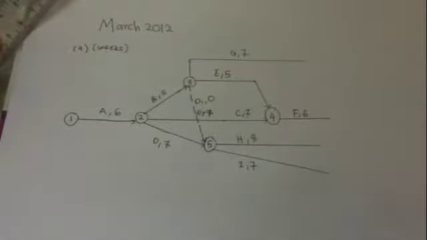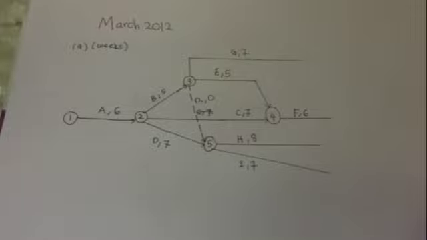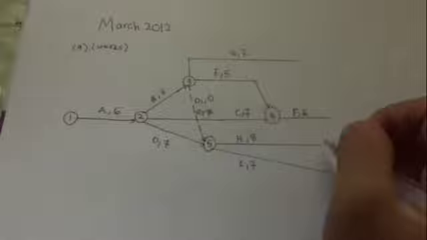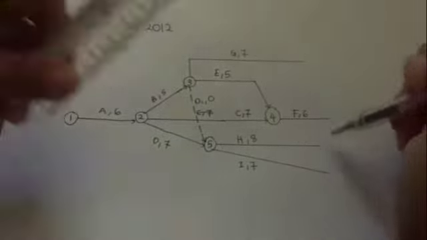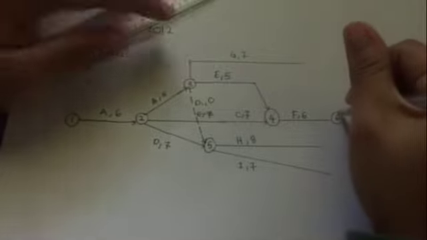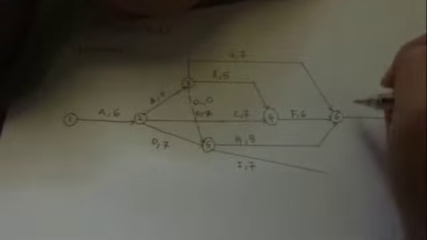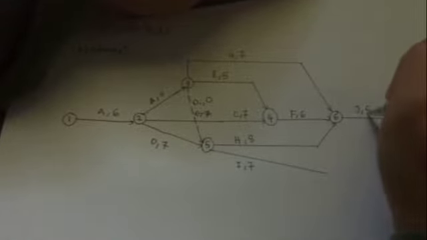Okay, so lastly, activity J, the preceding activities are F, G and also H. So you just have to draw number 6 in the circle and then bring out F, G and also H, and then you will bring out J with the duration 5.